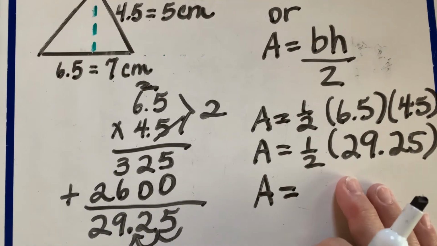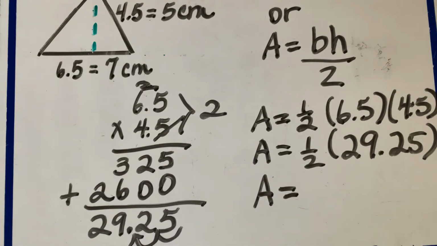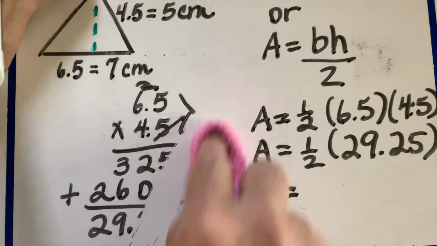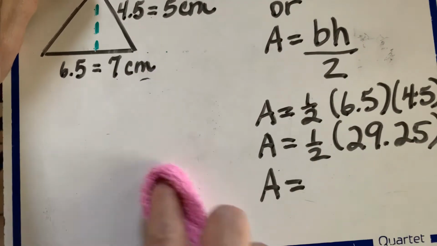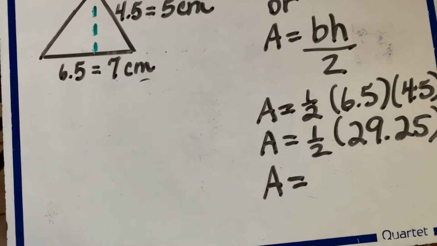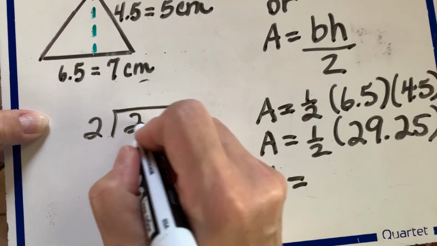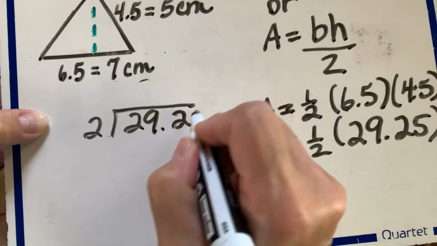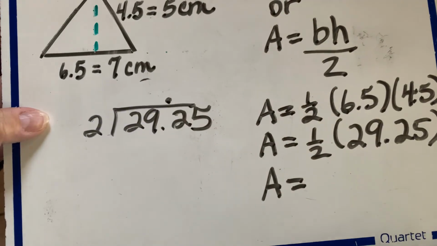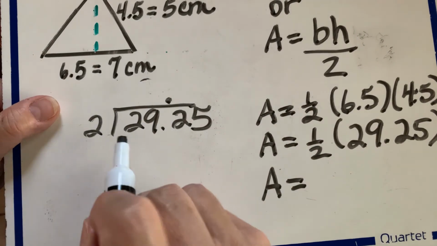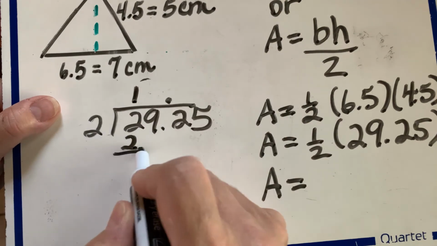So now we've got to find out what 1/2 of 29.2500 is. Okay. So I'm going to go over here and I'm going to divide 2 into 29.2500. You always bring your decimal up into the quotient. 2 goes into 2 1 time.